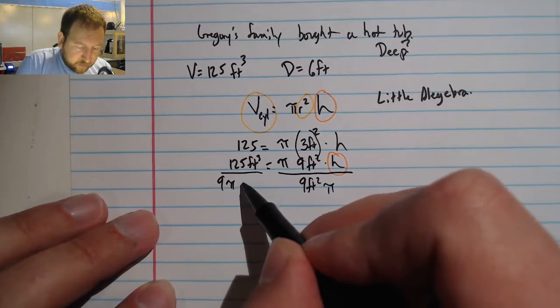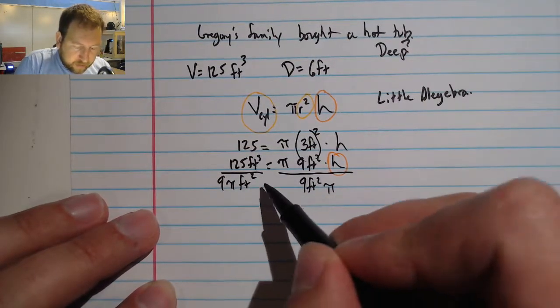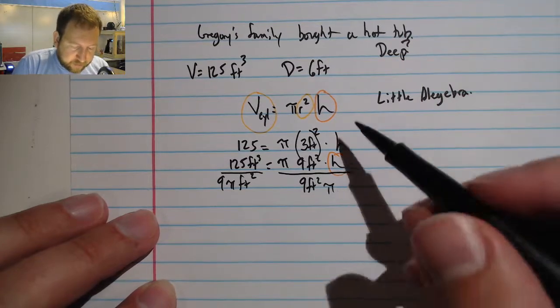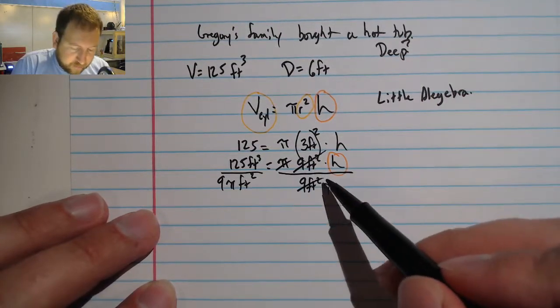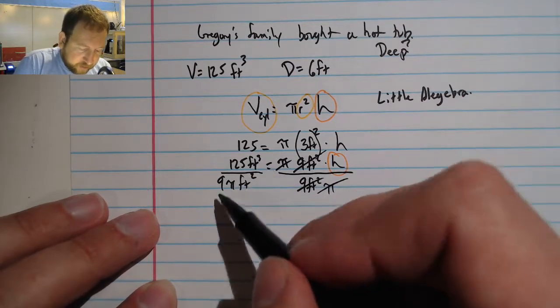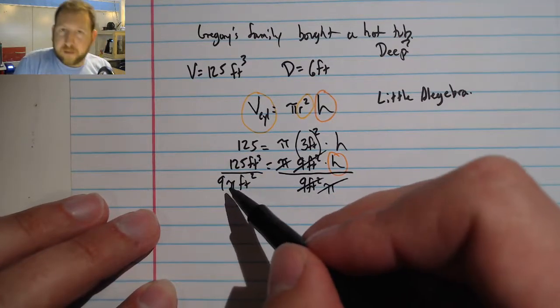My pi and my 9 square feet cancel off, and I'm left with 125 divided by 9 pi.